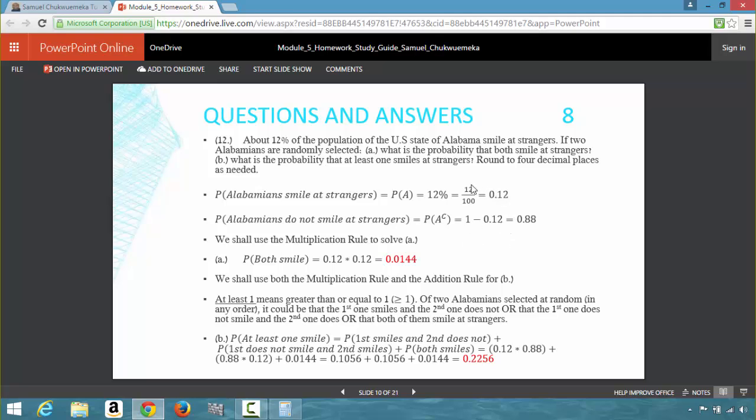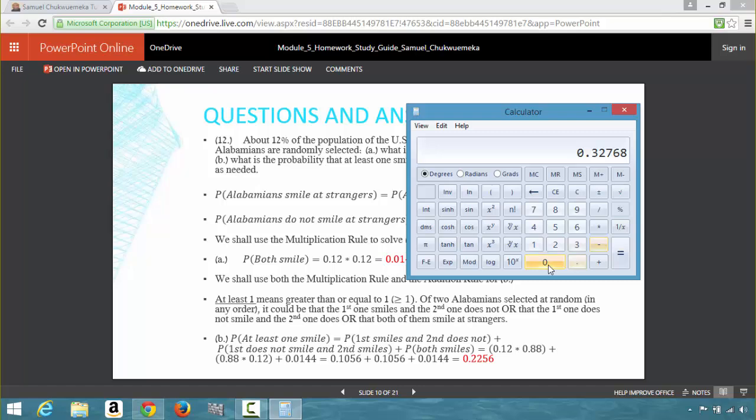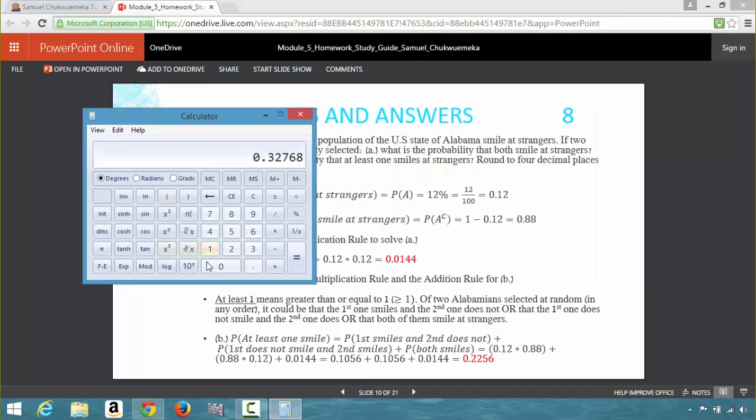None of them smile at the strangers will be 0.88 times 0.88, or you just do 0.88 squared, so that will give us 0.7744. Then 1 minus that gives 0.2256.